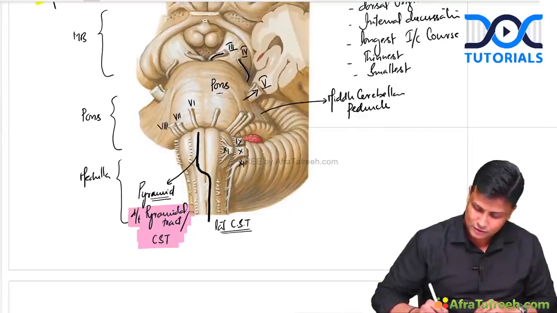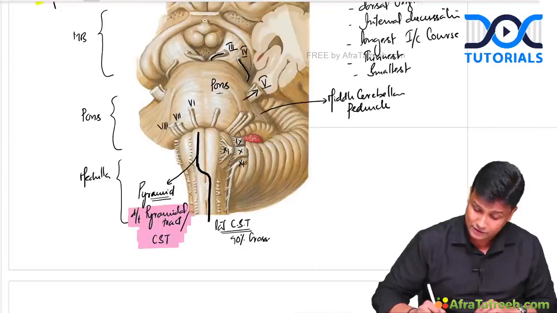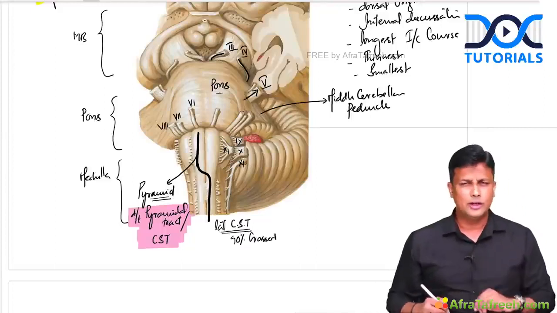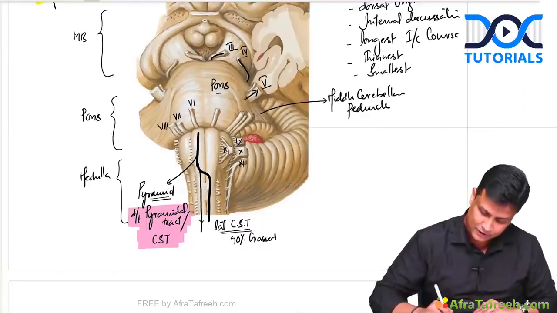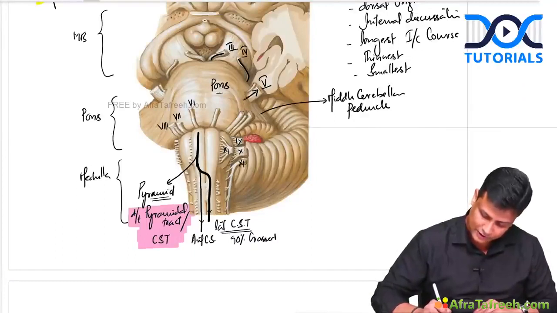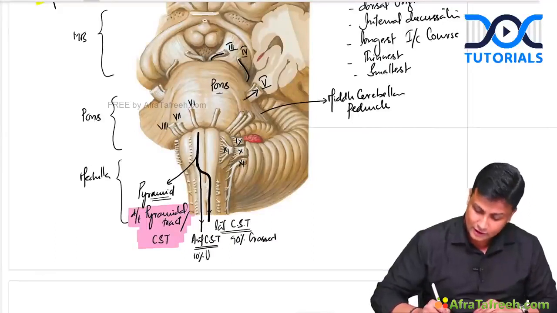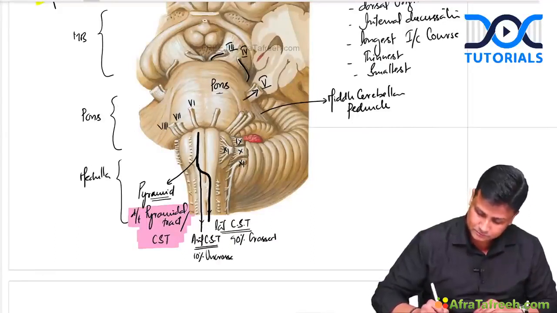The lateral corticospinal tract will have 90% of the fibers, which are crossed fibers from the other side. Then what about the remaining 10%? The remaining 10% of the fibers are going to pass on the same side and they are going to form what, guys? They are the ones which are going to form the anterior corticospinal tract. And how many fibers there? 10%, and they are uncrossed fibers.